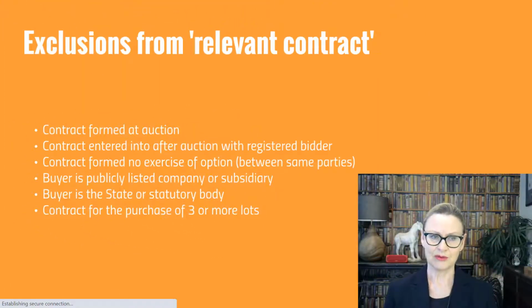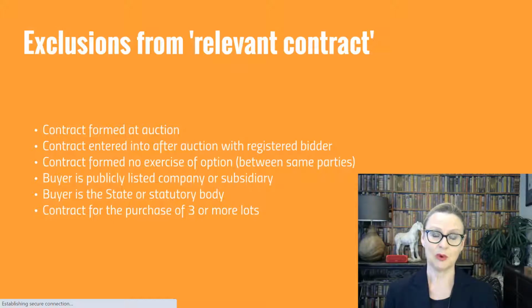Then, as you saw, there's a stack of exclusions from what will constitute a relevant contract. Contracts formed at auction will not have to comply with the section 165 notice of cooling off period. Also contracts entered into after auction with the registered bidders.